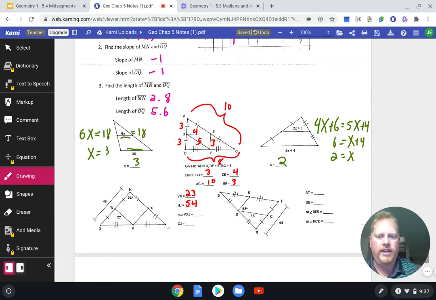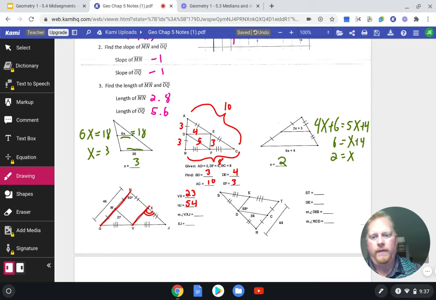The measure of angle VXJ. So VXJ. So this angle right here. Okay, we haven't dealt with angles yet, but yet we have. Because one of the things about the midsegment theorem is that it creates parallel lines. So I know that VX is parallel to HG.